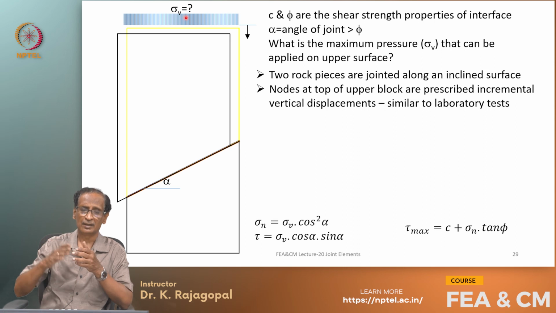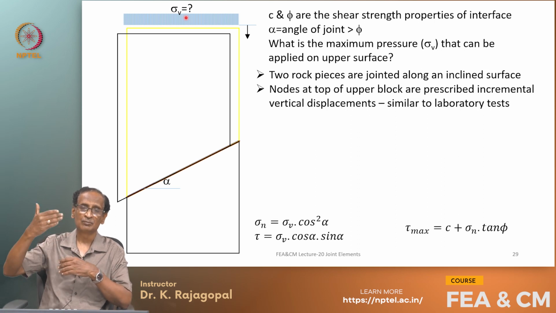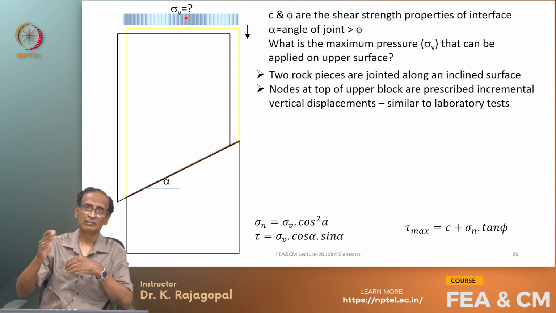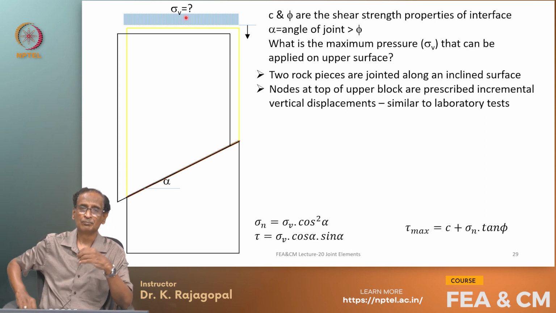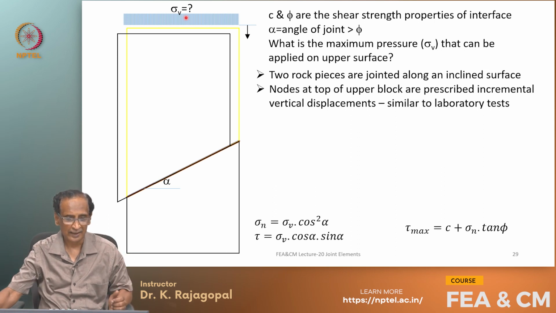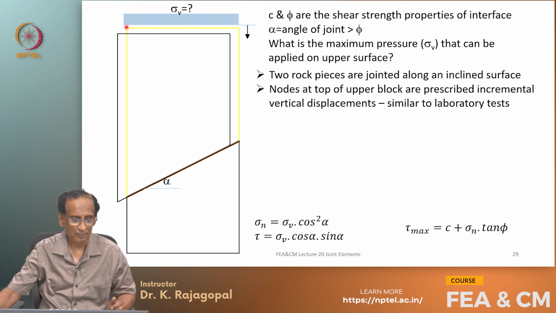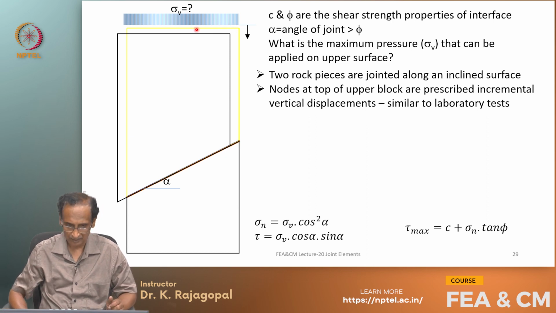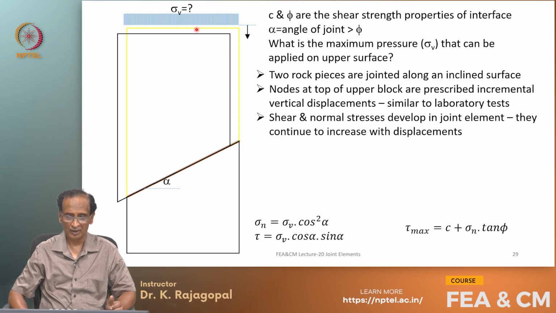In our direct shear test or in the triaxial compression test, we deform the sample and then find the response, or how much force is developed. And the same thing we can do: we can apply equal vertical displacements at the upper surface, and then see what is the reaction force developed.